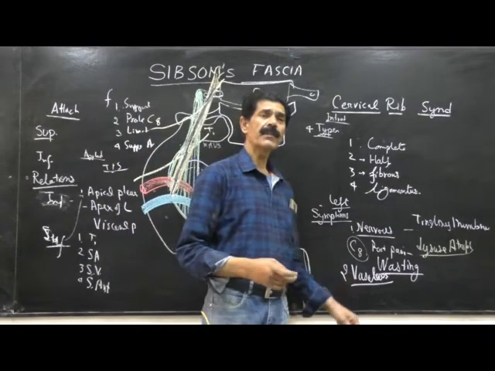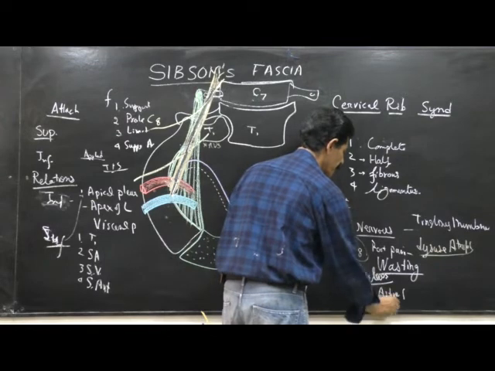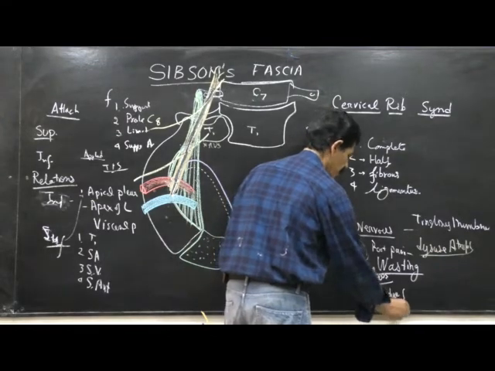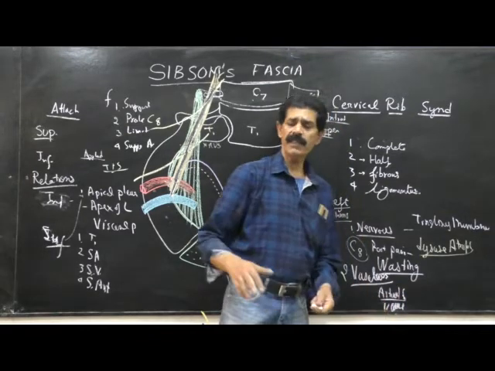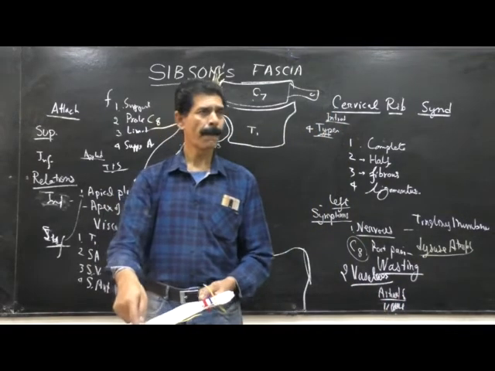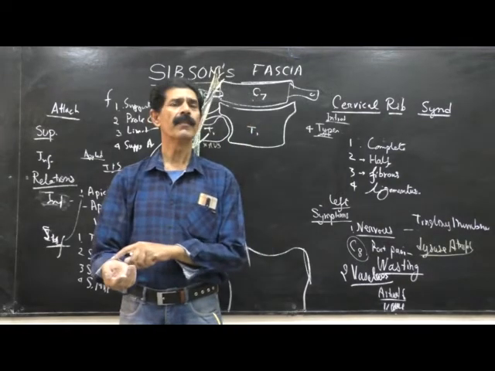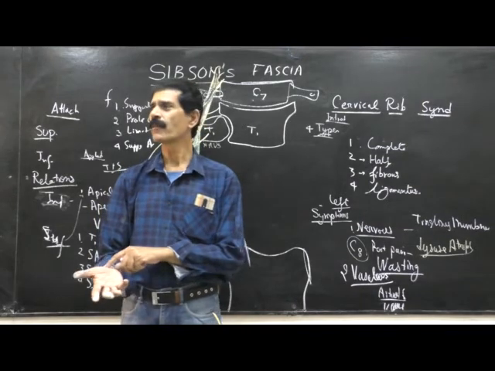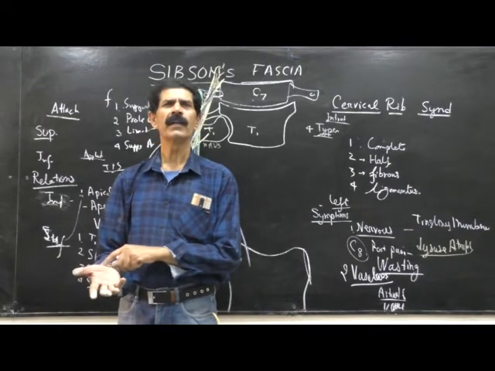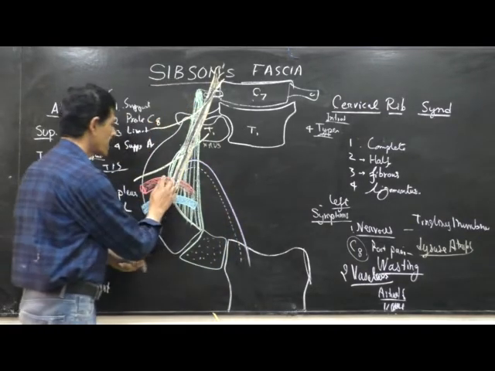In the vascular symptoms, first is the arterial system, arterial symptoms, and then the venous system. They are different. In the arterial system, when the artery is pressed, what will happen? Radial pulse will be absent, or the radial pulse becomes weak because the artery is compressed.